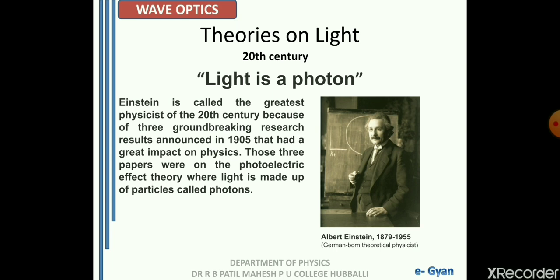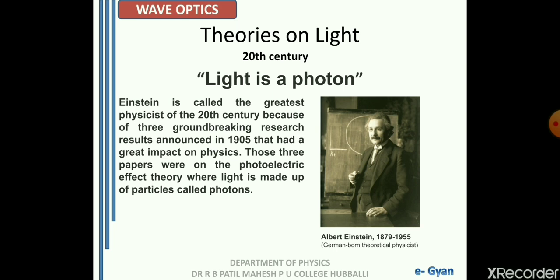Now in our syllabus, we are going to discuss this nature of light in one of the coming chapters, dual nature of radiation and matter. I have tried to show you what Newton's thought was with a diagram, what Christian Huygens' thought was, and how Thomas Young and James Maxwell gave their representations.